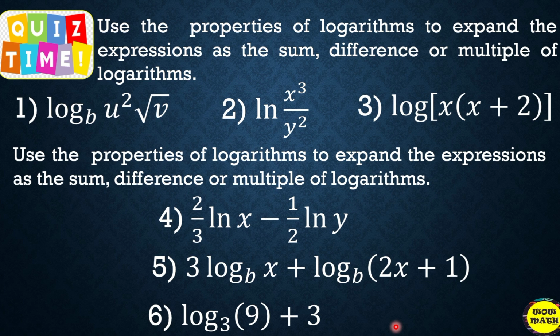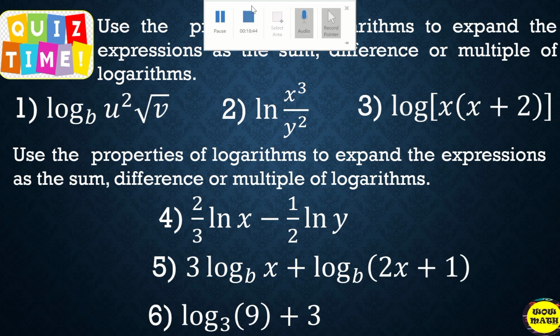Number 3, logarithm of the times x, the quantity of x plus 2. And for the last 3 questions, use the properties of logarithm to condense the expression as single logarithm.